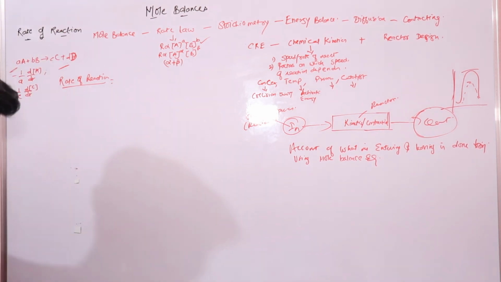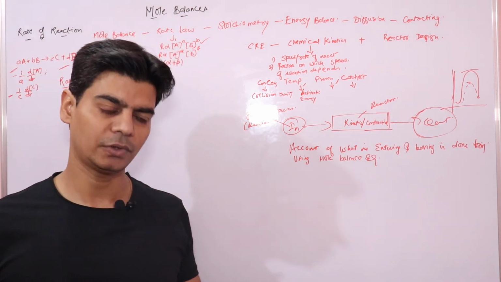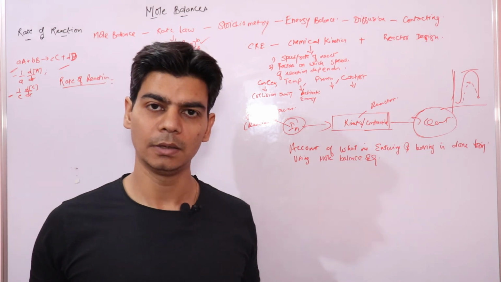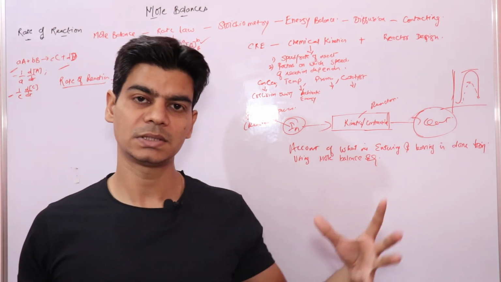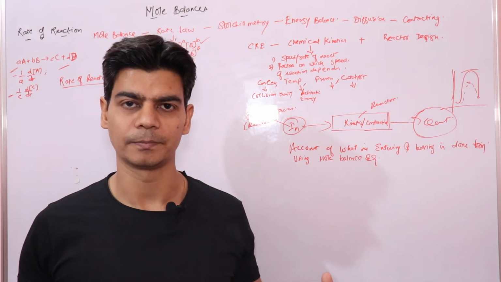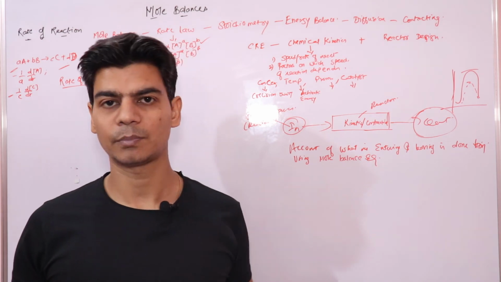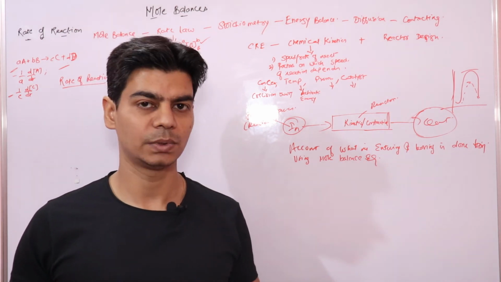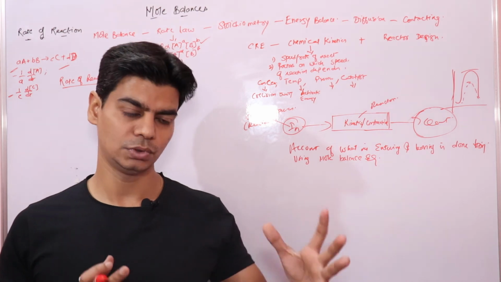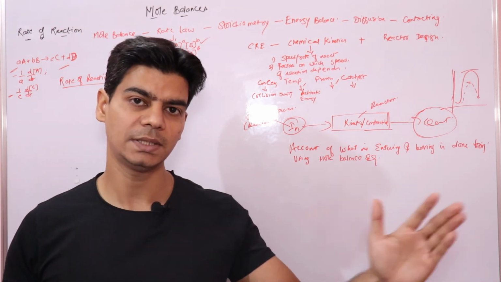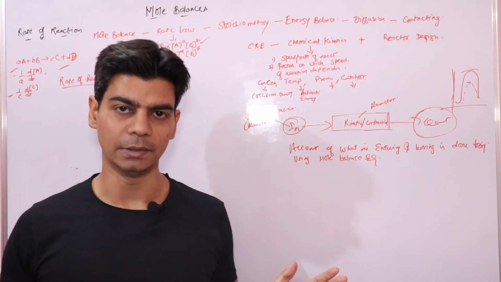So rate of reaction is the speed of reaction. If you want to find the speed of a vehicle, when it is traveling its distance is changing with time. So speed is distance upon time, the rate of change of distance with time.